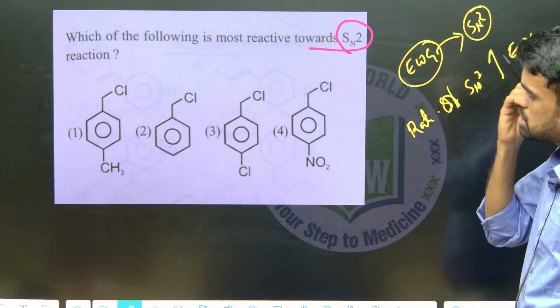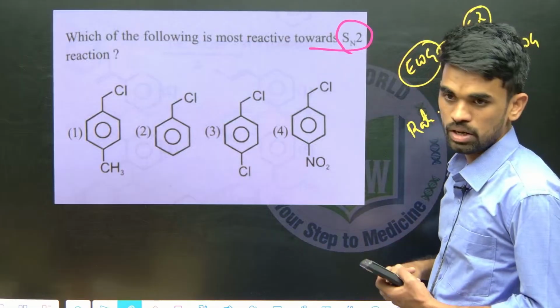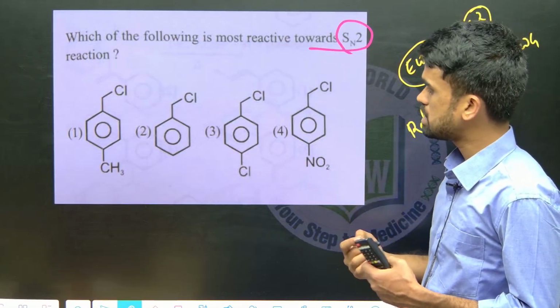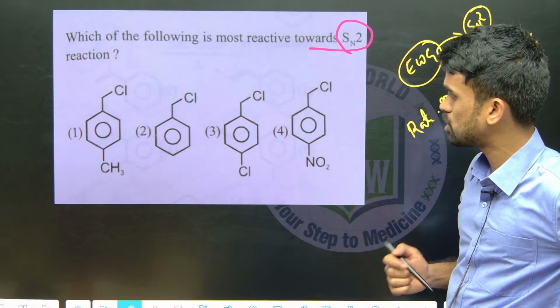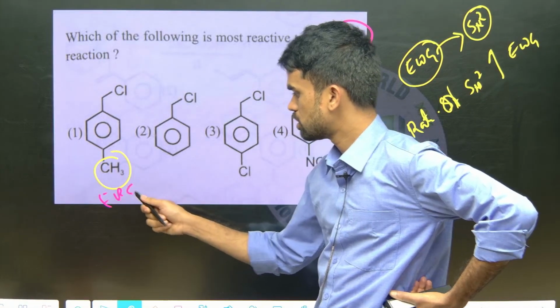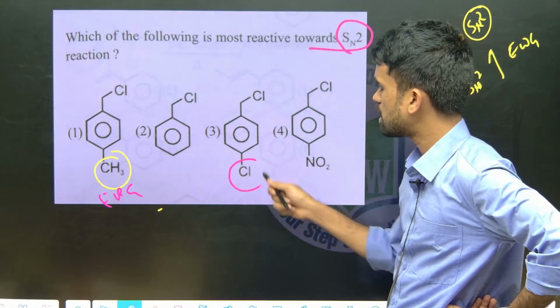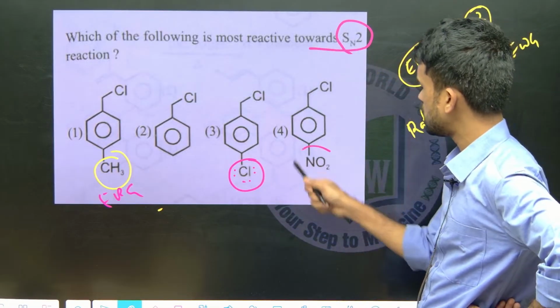All of them are benzylic chlorides only. But which one is having an electron withdrawing group? See, this is a methyl group, an electron releasing group, so here we have a weakly ring activating group. But here, if you see, this is a nitro group.